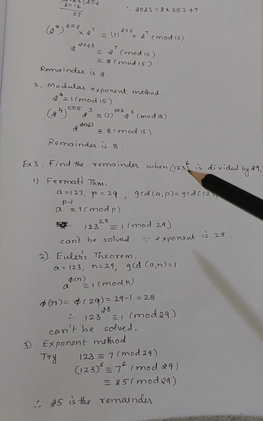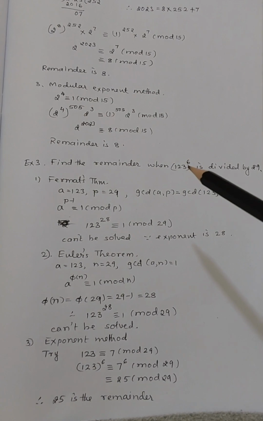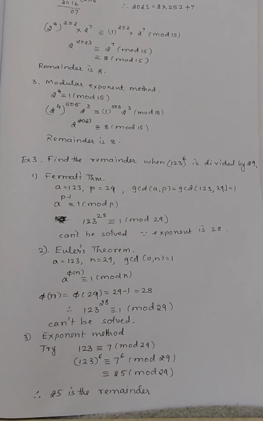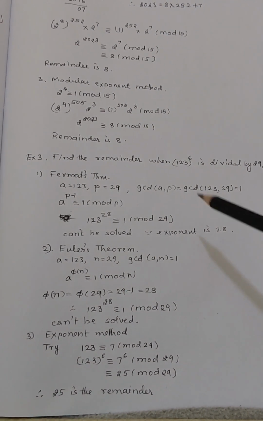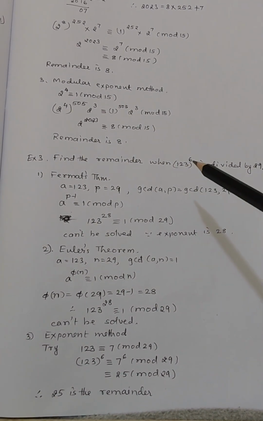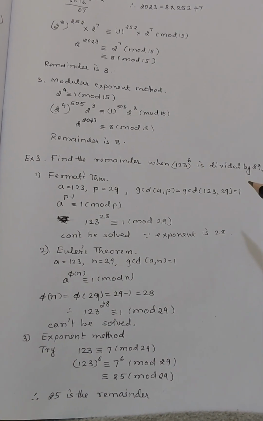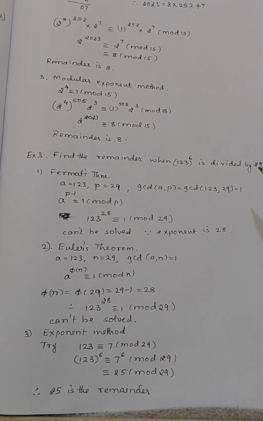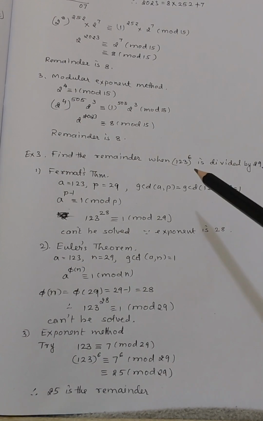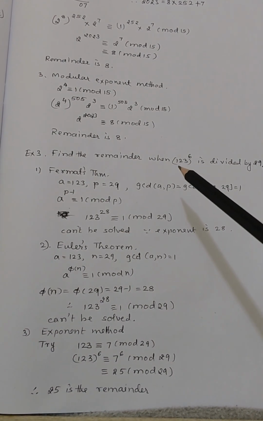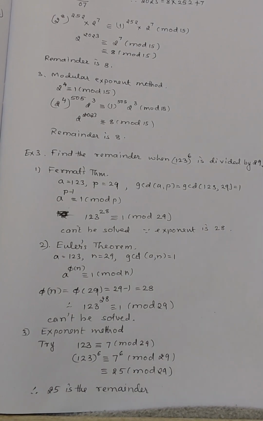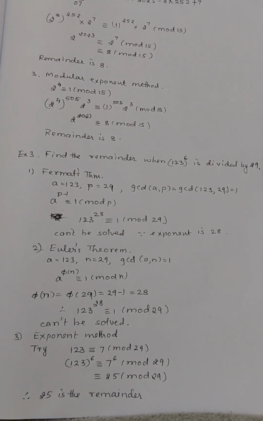Find the remainder when 123 to the power 6 is divided by 29. What we notice here is that the base is large but the exponent is small. If we want to apply Fermat's theorem, this is P, which is prime, and 123 is A. 123 and 29 are relatively prime, so both conditions are true.